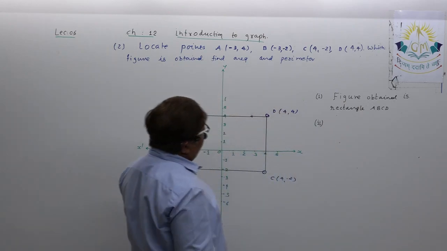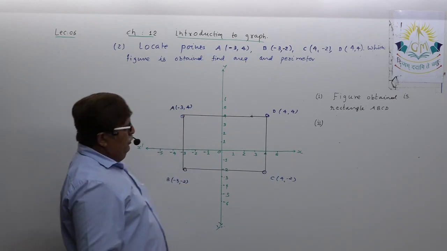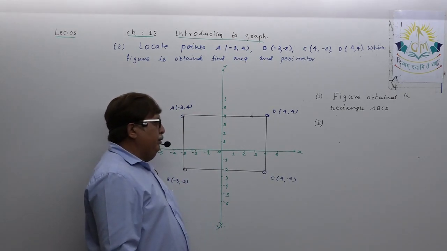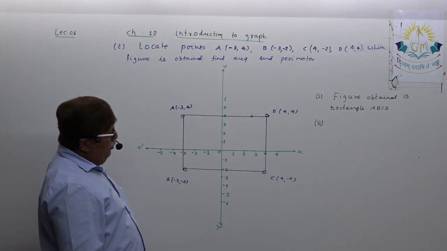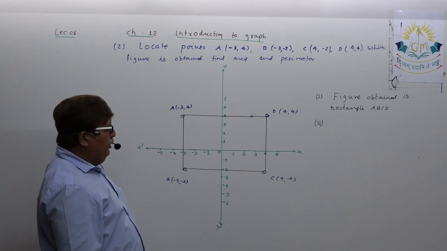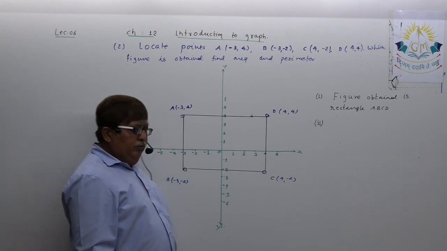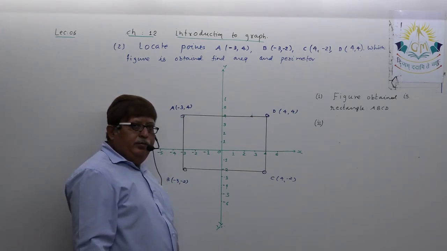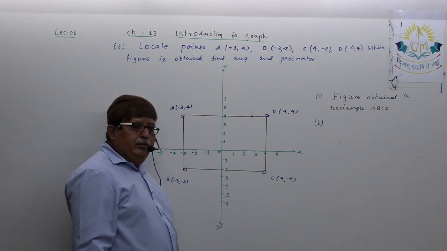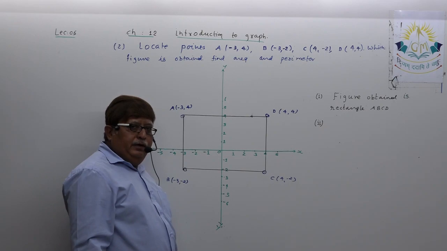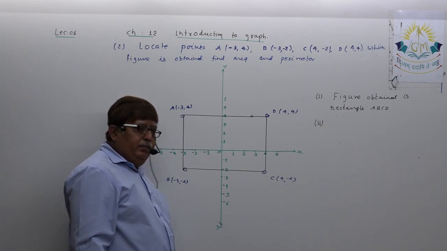Now, what is the second question? Find area and perimeter of the diagram so realized. To find the area and perimeter of the rectangle, you need to have complete idea about the length and breadth.